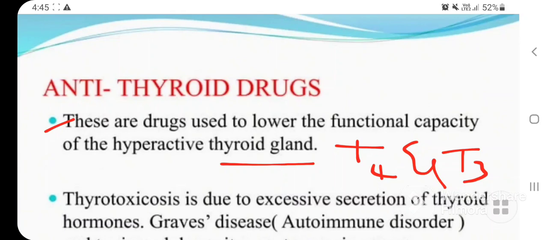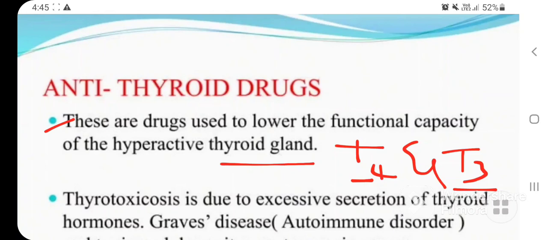So to prevent this hyperthyroidism, we are giving anti-thyroid drugs, which inhibit the synthesis of T4 and T3. Among the anti-thyroid drugs, very advantageous and highly marketable ones are propylthiouracil and carbimazole. These are the two. Okay, first we will discuss propylthiouracil.